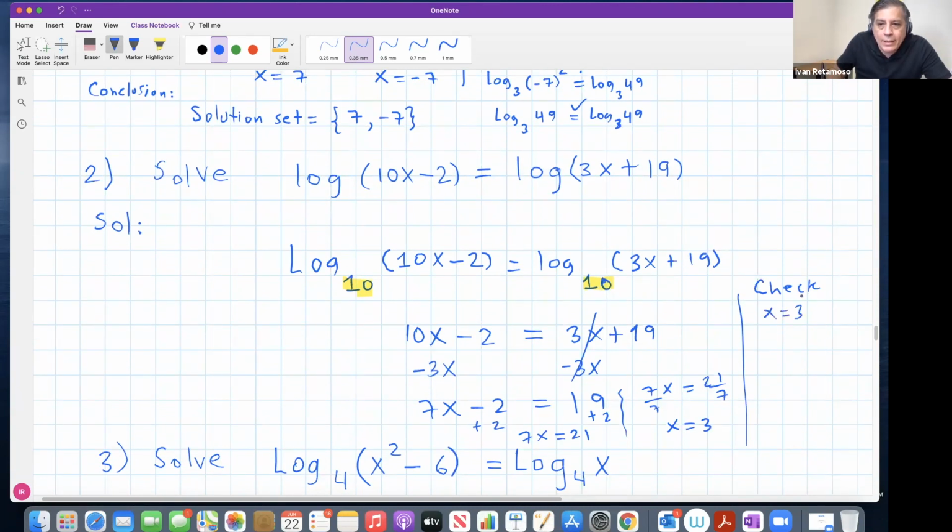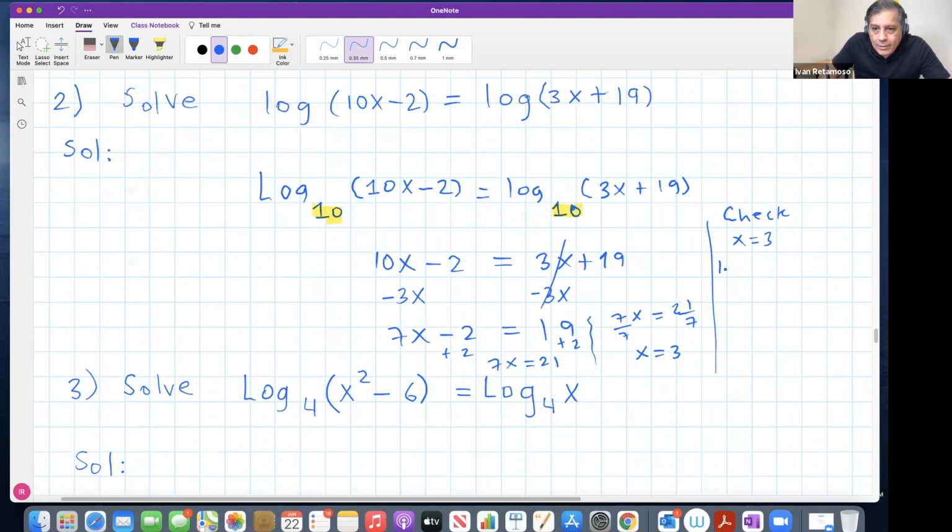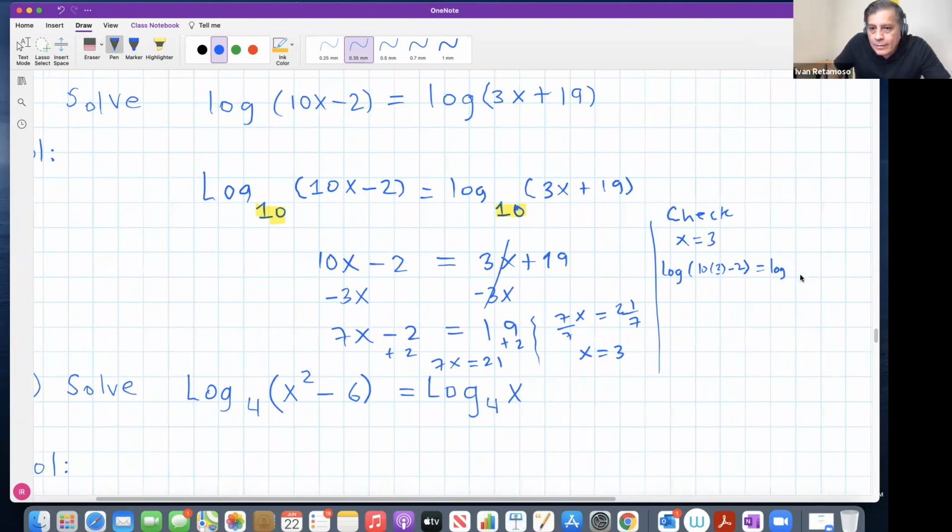X equal 3, check. In the original equation, you substitute here 3, here also 3. So what are we going to get out of doing that? Log of 10 times 3 minus 2 equal log base 10, we don't have to write the base 10, of 3 times 3 plus 19.